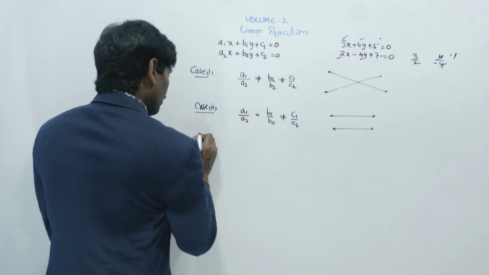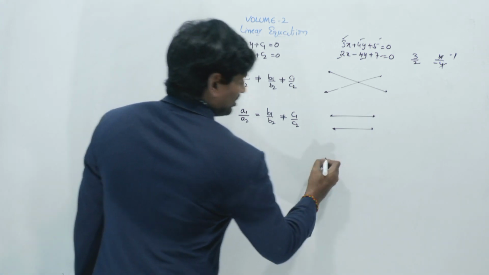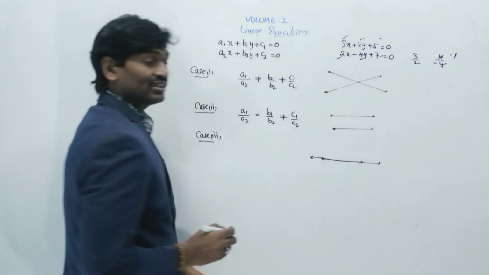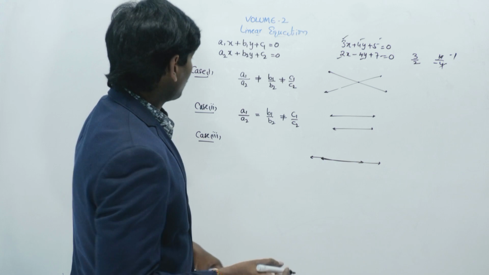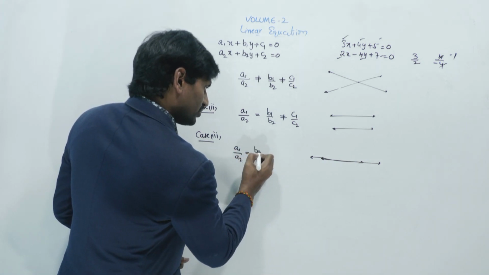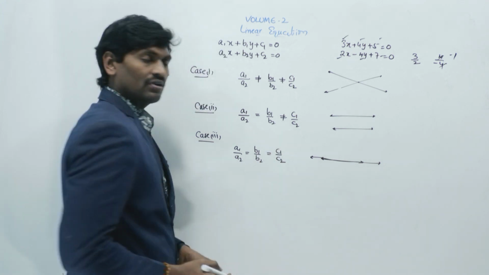And case 3, coincident lines. Coincident lines means both lines lie one on another. That is a1 by a2 equals b1 by b2 equals c1 by c2.